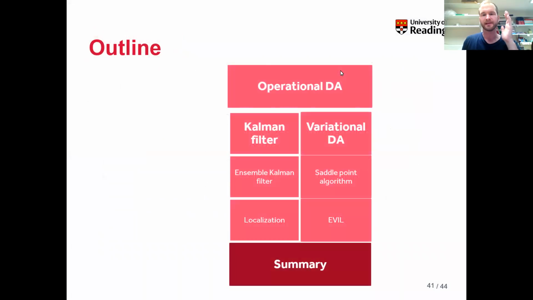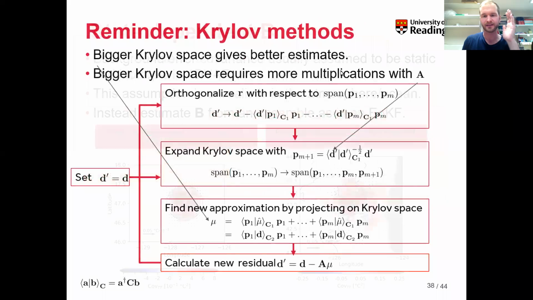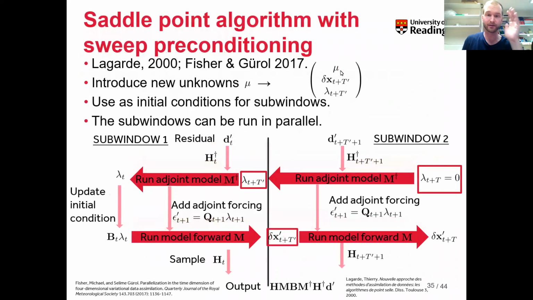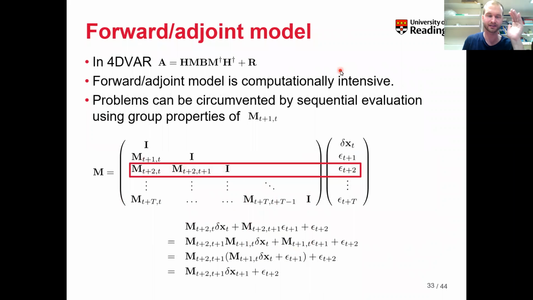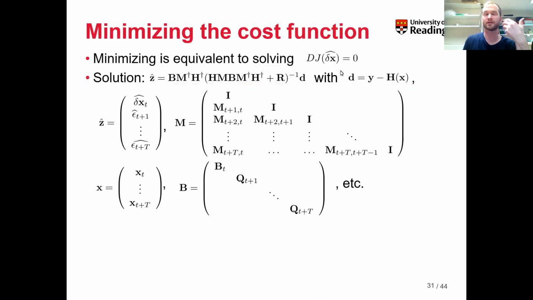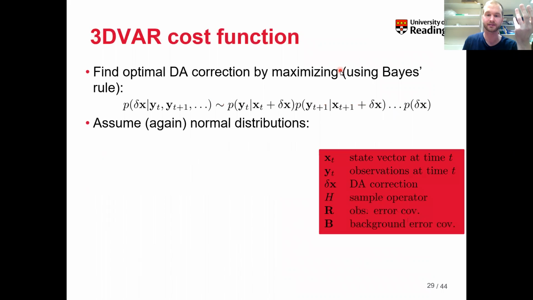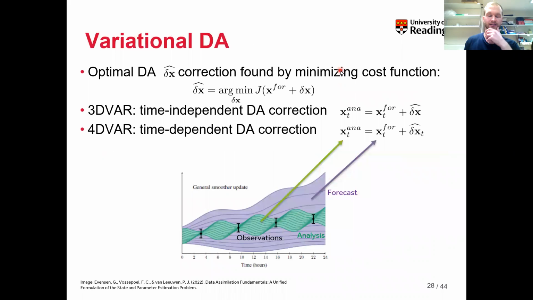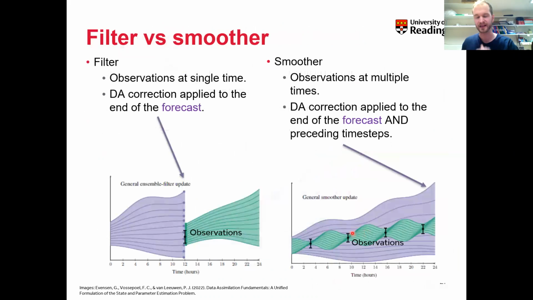In general, I would say the opinion is that variational 4D data assimilation is superior with respect to producing data assimilation corrections. That has to do with the fact that it allows for the use of smoothers, and smoothers don't suffer as much from jumpy corrections.